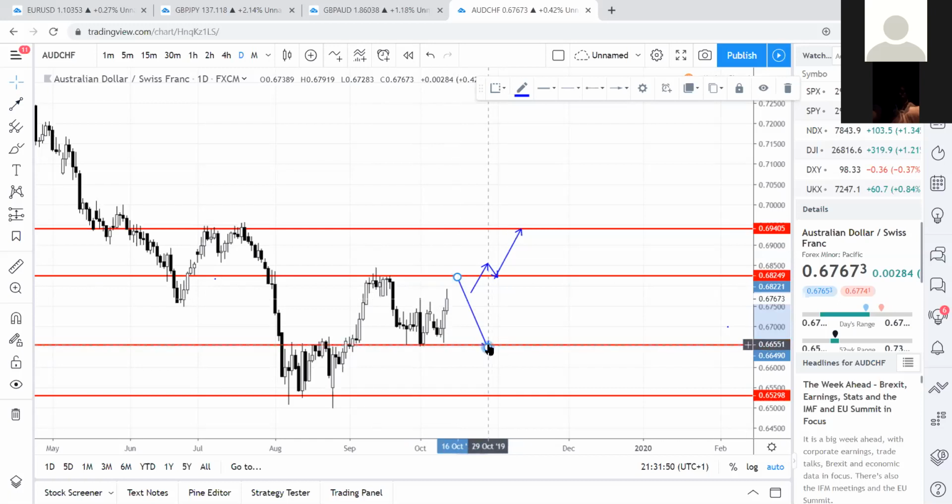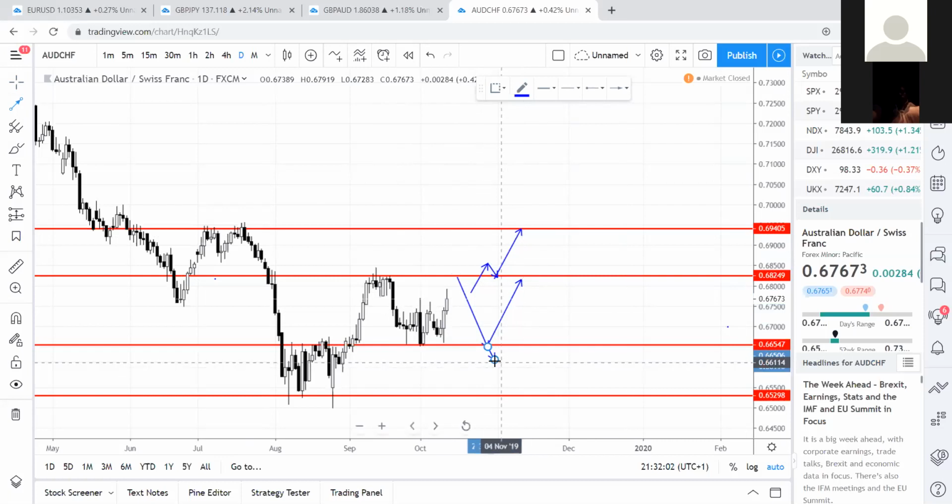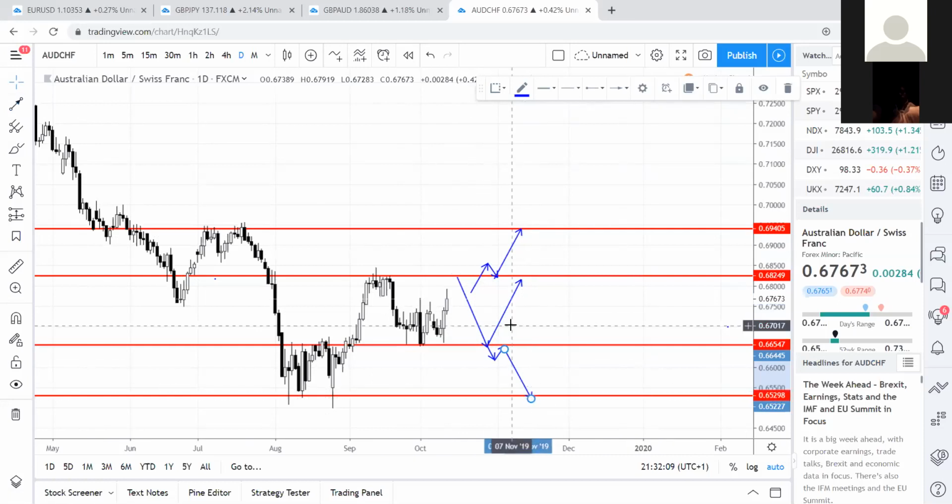When it gets to those points, two things can happen. It gets to this point, it can reverse and go back, or it can break, retest and drop. So can you see the possibilities now? I think I've given like four possibilities.